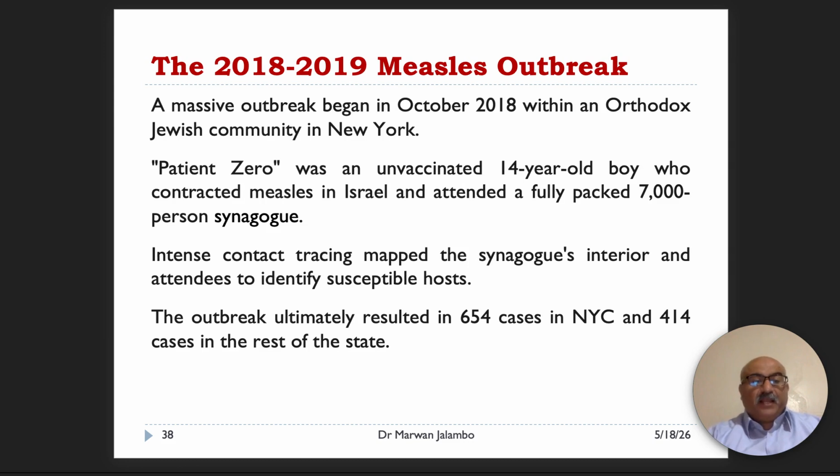One of the largest recent measles outbreaks began in October 2018 with an Orthodox Jewish community in New York. Patient zero was a 14-year-old boy who had recently acquired the disease in Israel and then attended a holiday service at a 7,000-person capacity synagogue.